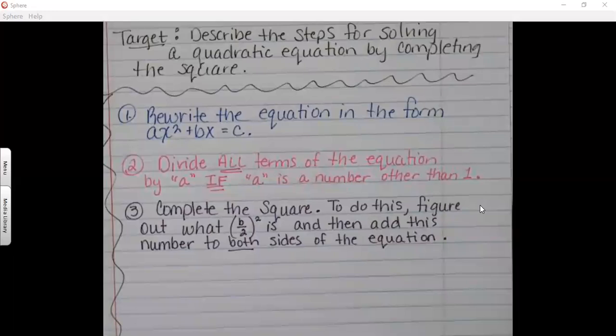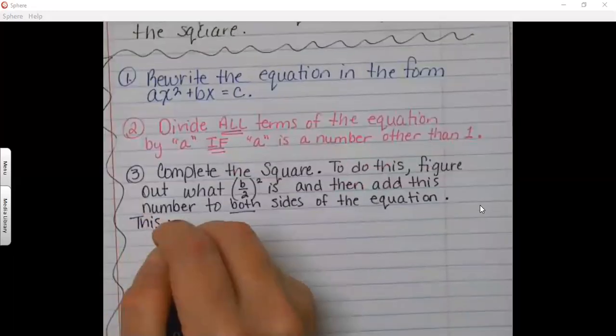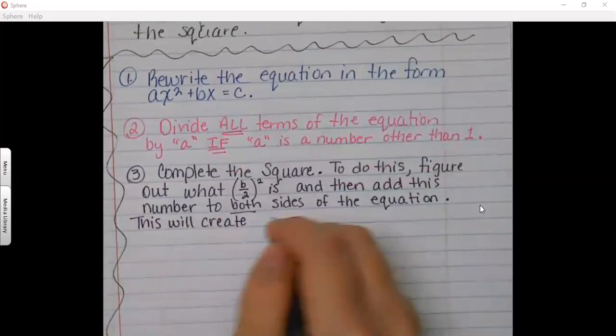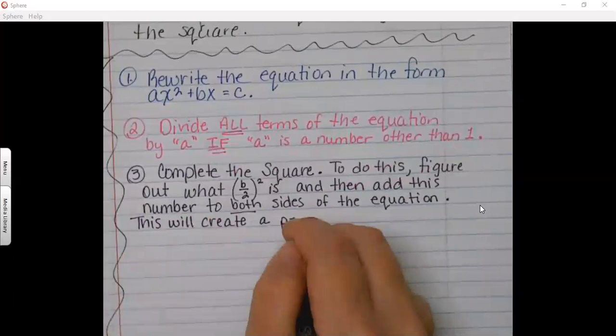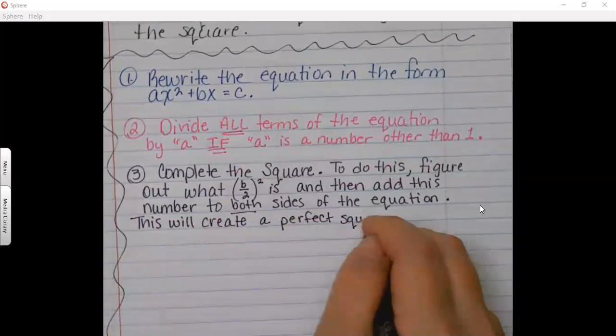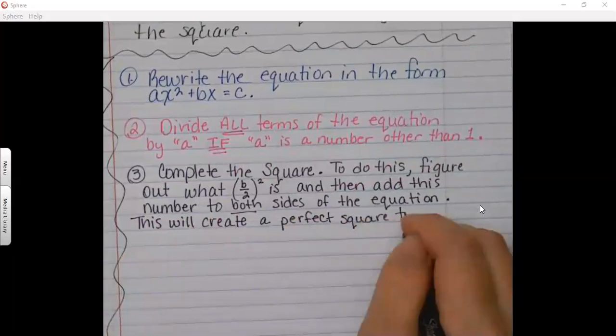This will create a perfect square trinomial on the left side of the equation.